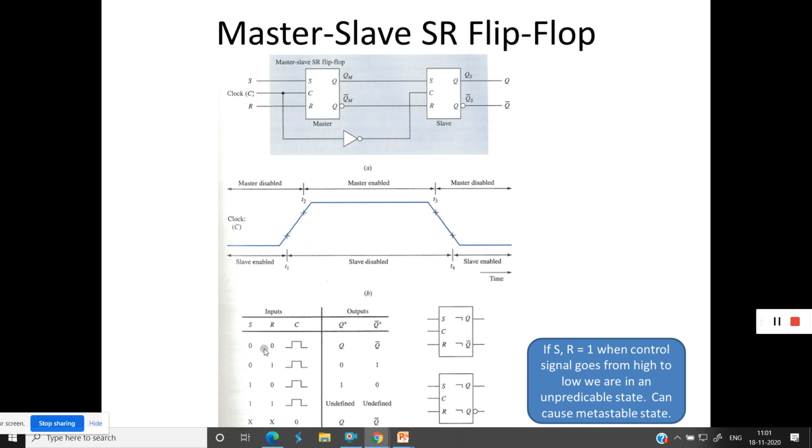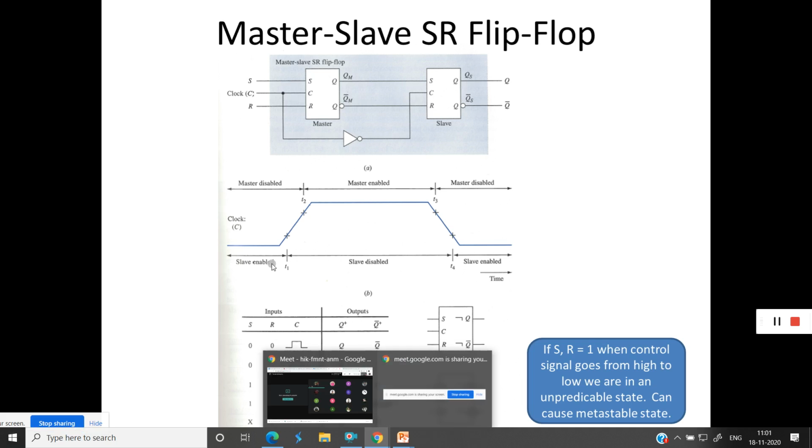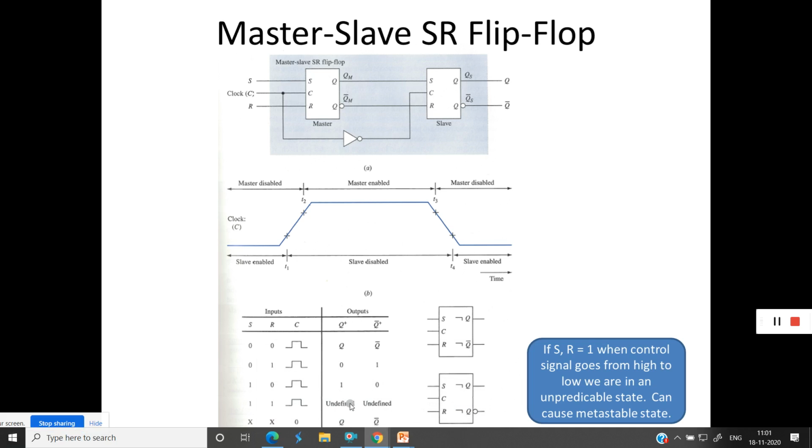Whenever S is 1, R is 0, and a clock pulse is applied, it will set the master slave. When both are 1 1, it is an undefined state. Here it is an undefined state. The cross mark means irrespective of whether S R is 0 or 1, if the clock is not applied, it will retain the current state only.